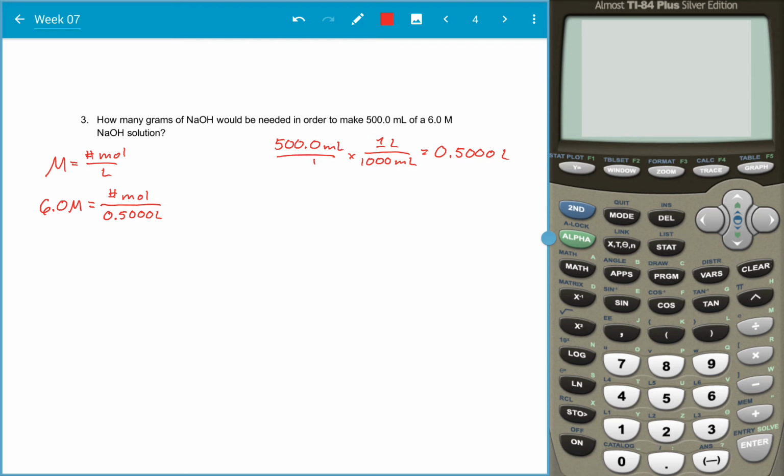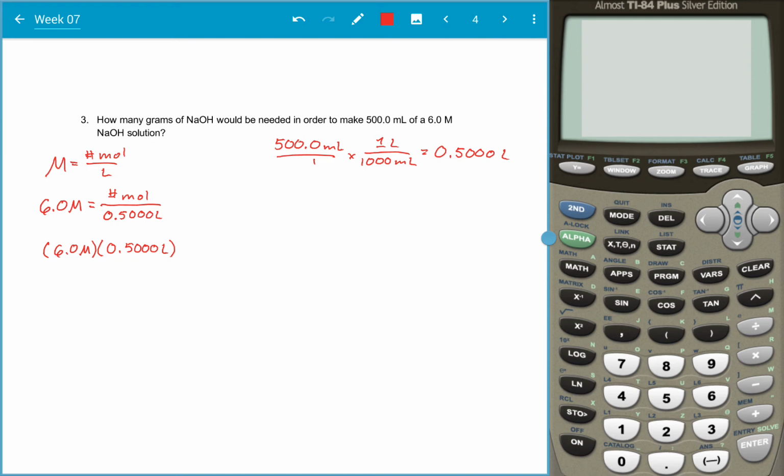And now we can solve for the only number that we don't know, the number of moles. So to solve for the number of moles, I'm going to take my volume, my 0.5000 liters, to the other side. If I'm dividing by it over here, I'm going to be multiplying by it when I bring it across the equal sign.